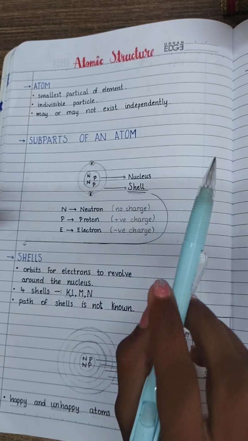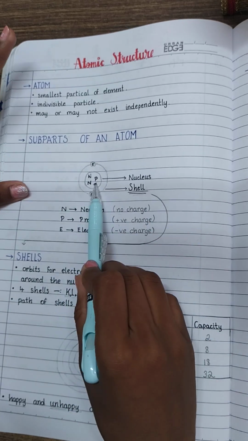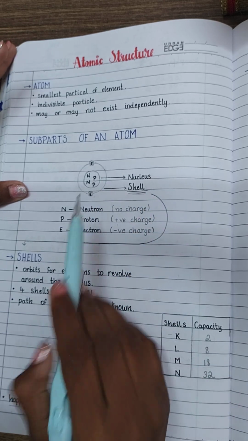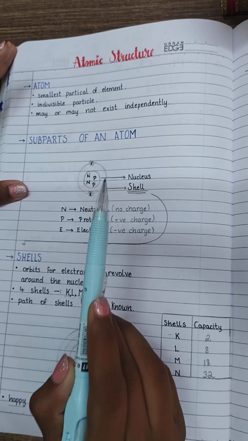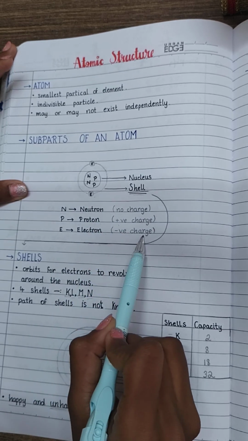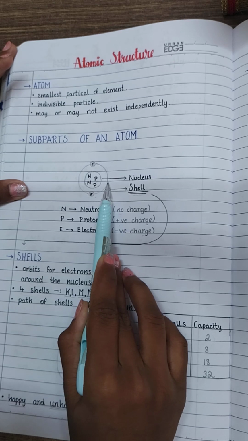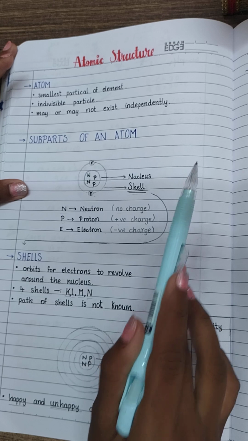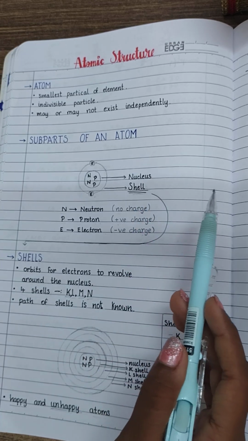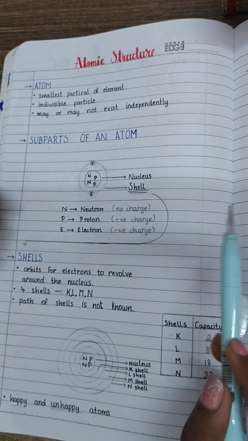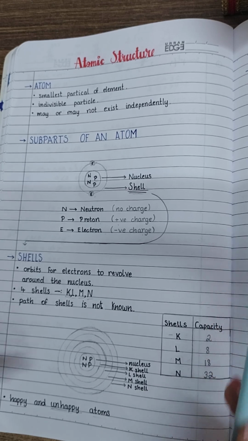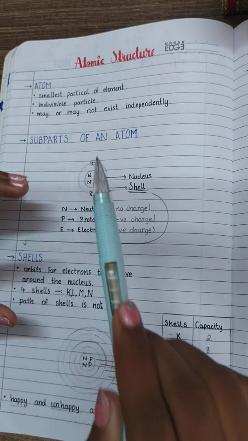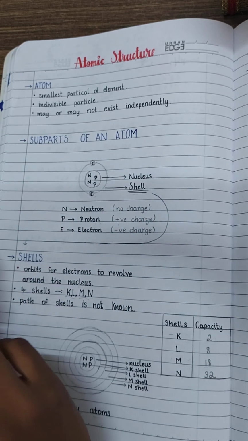So both neutron and proton lie in the nucleus and they both have a mass of 1 AMU each. Now we move on to the electron, the third subpart of the atom. It has a negative charge, lies outside the nucleus, and it has such a negligible mass that we consider its mass equal to 0. So, the atomic mass of an atom will only consist of the sum of the mass of the neutrons and the mass of the protons.